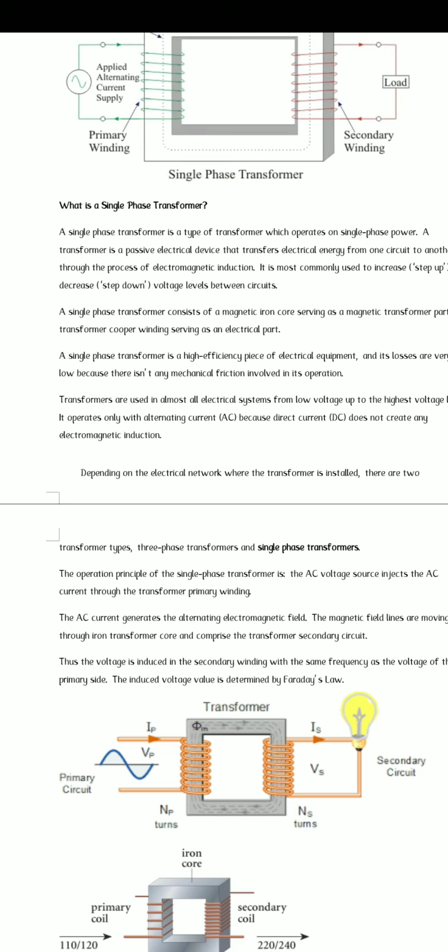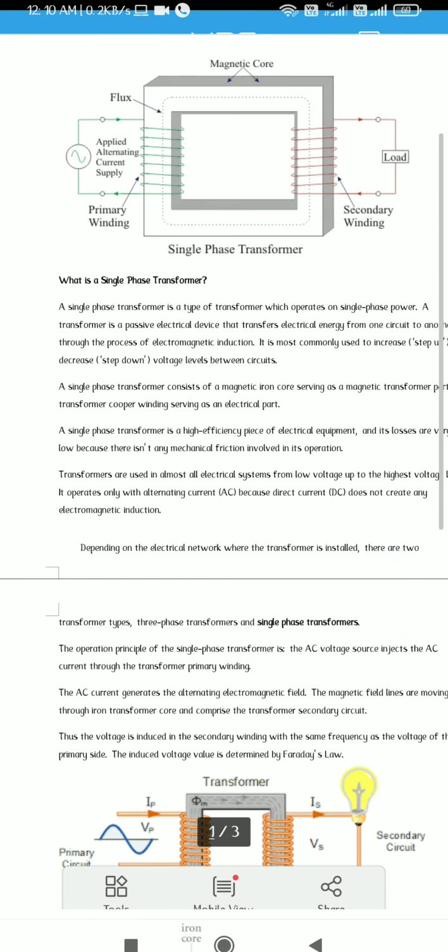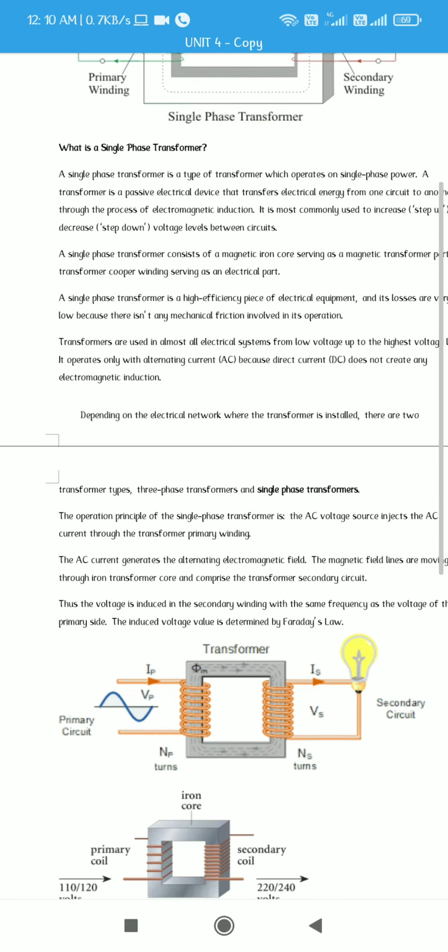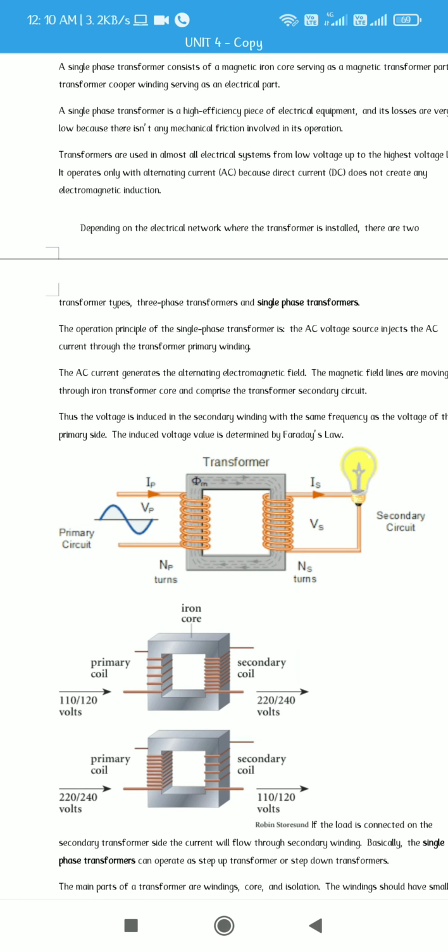Single phase transformers are classified mainly into two types, step up and step down.